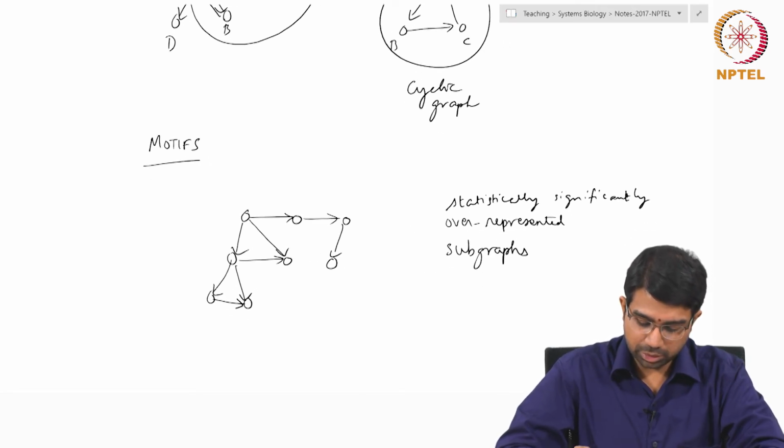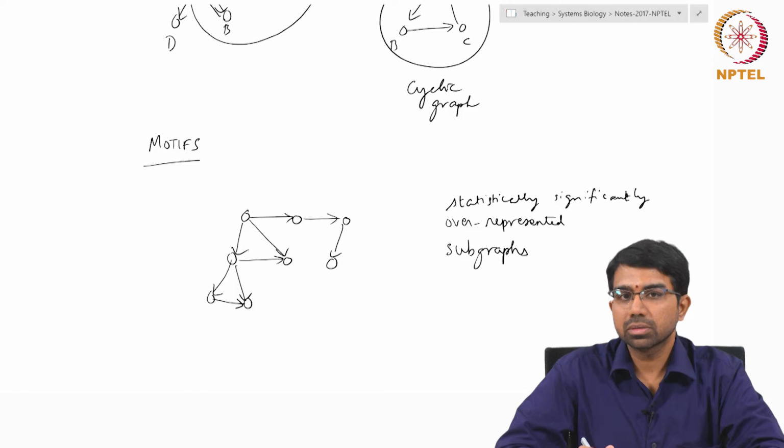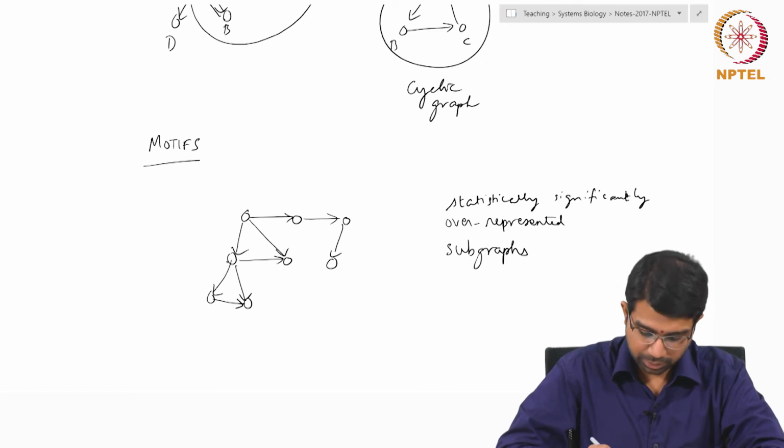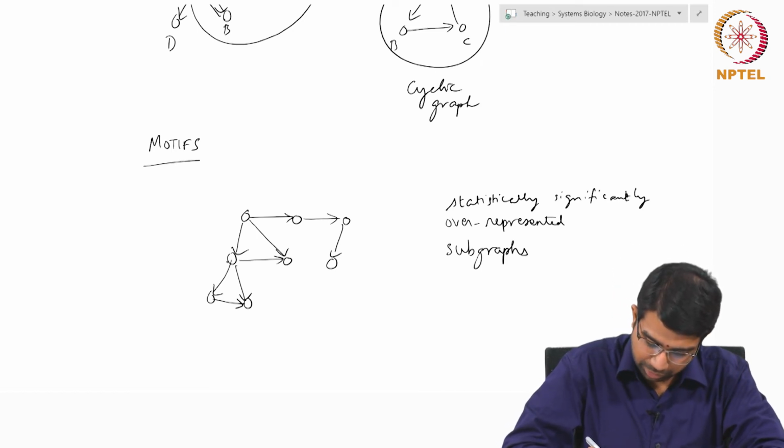So, can you tell me what is a motif here? No, here in this picture. A triangle, and it also seems to have a particular order, right.